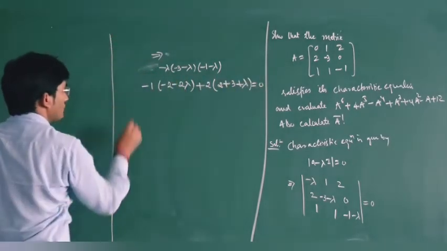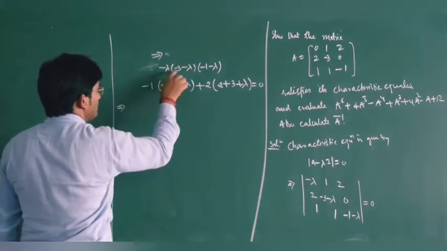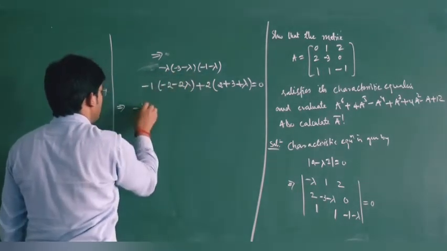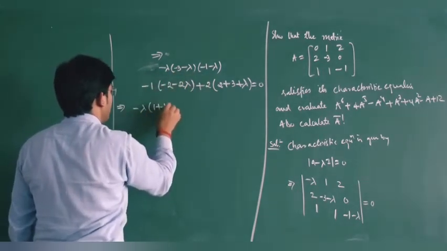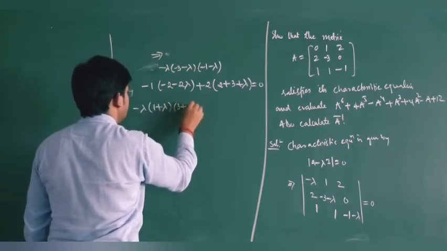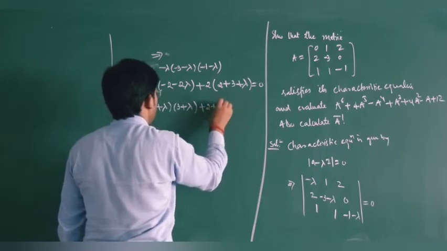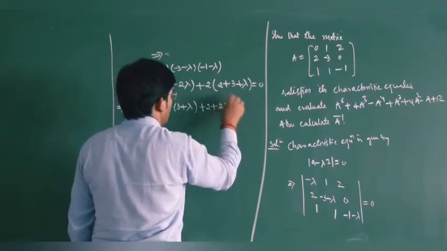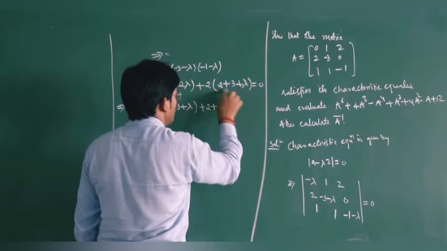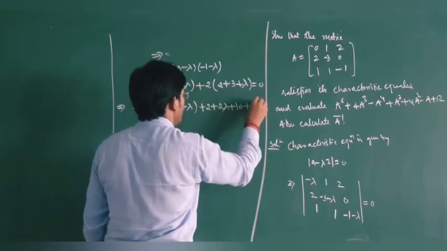So this is equal to, now this is your minus minus plus, and again we have minus sign, 1 plus lambda, 3 plus lambda, then we have minus minus plus 2 lambda plus 4, this will be your 10 plus 2 lambda equal to 0.